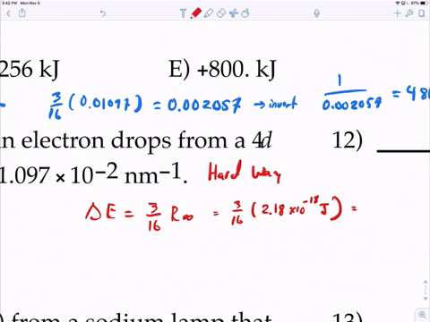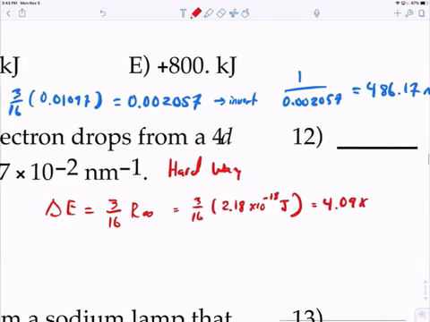Oh wait, I got that wrong. This is 4.09 times 10 to the minus 19 joules.